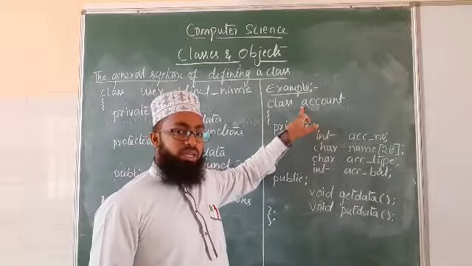And under the public access specifier also, get data and put data, we need to take small letters only. If we use capital letters here, then we need to use capital letters in the entire program wherever they come. Okay, hope you have understood these things.